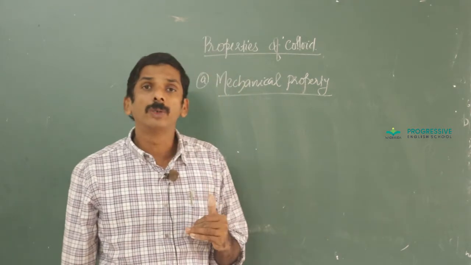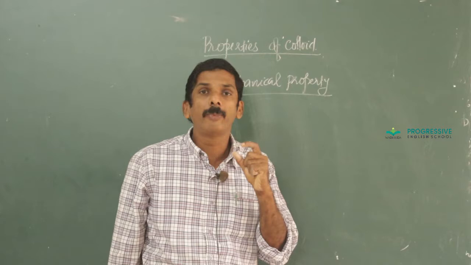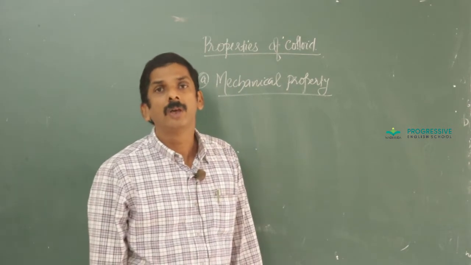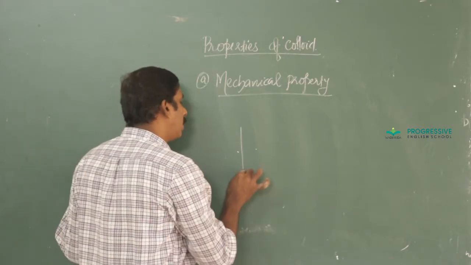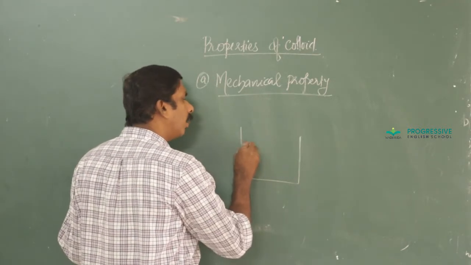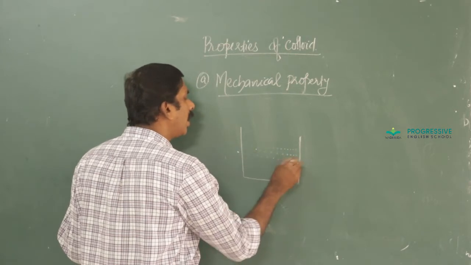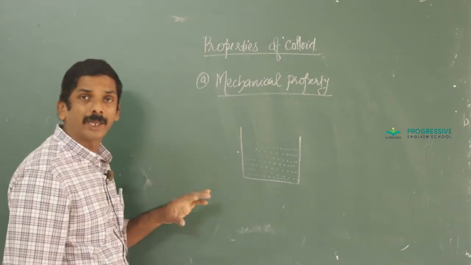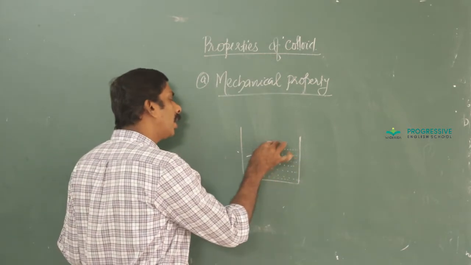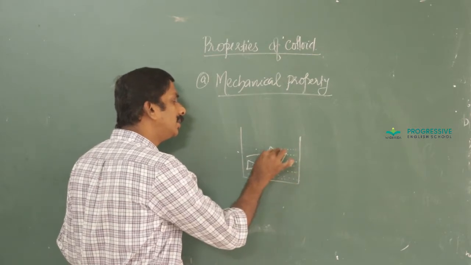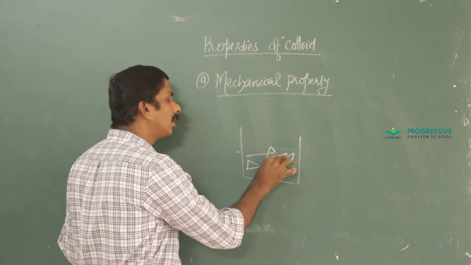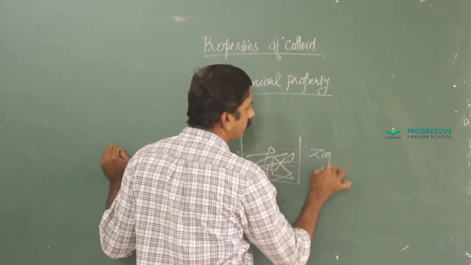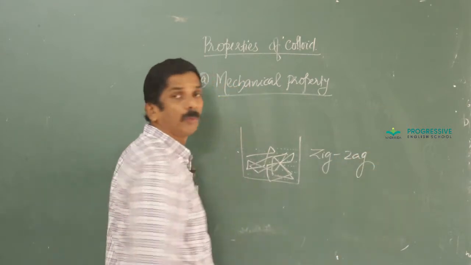For that, we use an ultramicroscope in order to observe the movement of colloidal particles. When viewed through an ultramicroscope, it can be seen that the particles are in a zigzag or random motion.